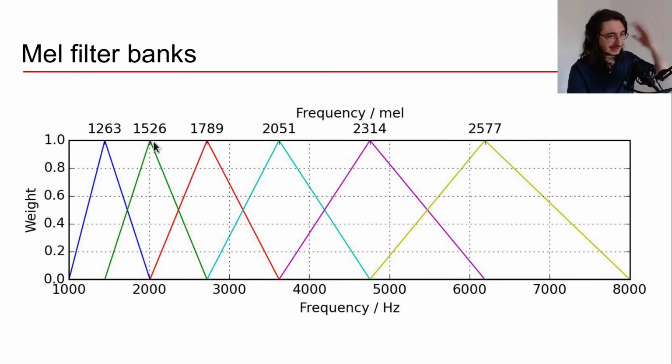So the center of this Mel band, as we said, is 1526 mels, and then the lower end and the higher end are taken by respectively taking the center of the previous Mel band and the center frequency of the subsequent Mel band.